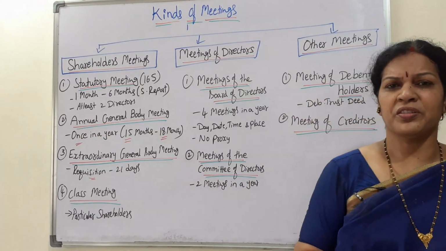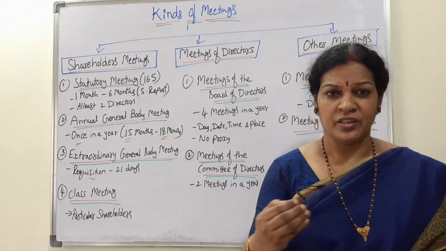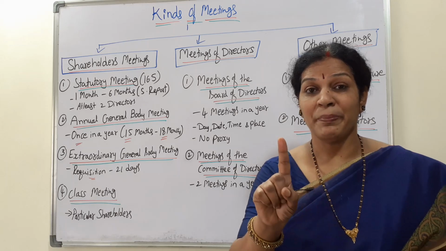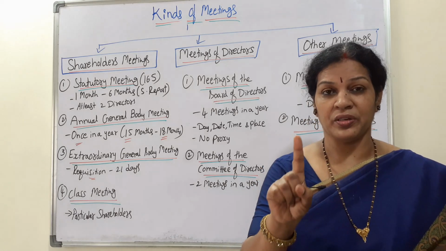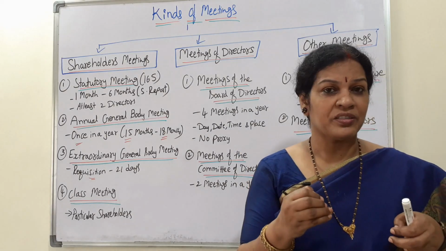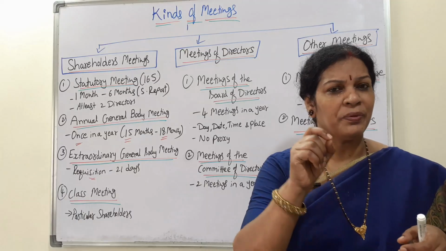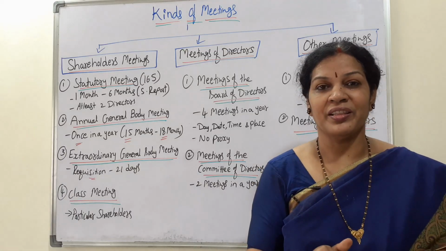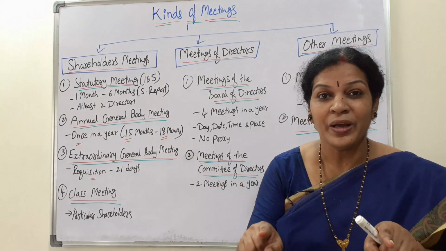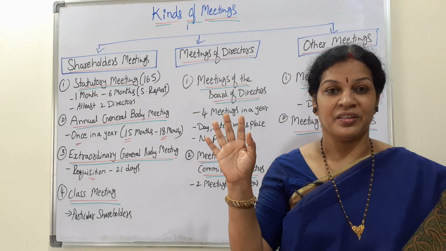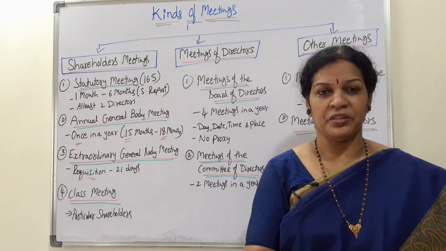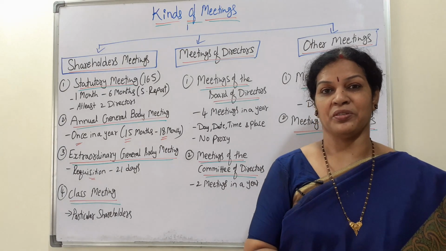You know that there are two types of shareholders. Shareholders are also debenture holders. The shareholders will always be preference shareholders and equity shareholders. Suppose they want to make some changes related only to the preference shareholders, then they will call only the preference shareholders. That is a class meeting of preference shareholders. Suppose they want to talk only to equity shareholders, then they can invite equity shareholders, and in the same way debenture holders also.